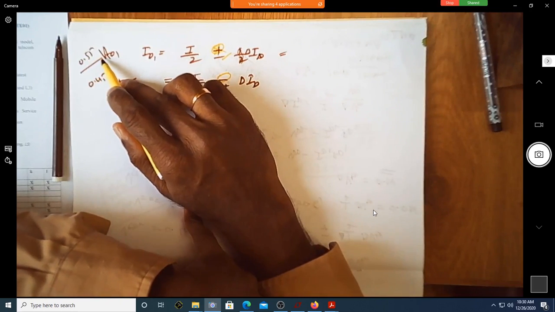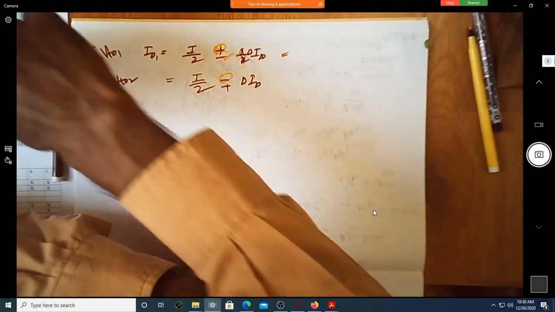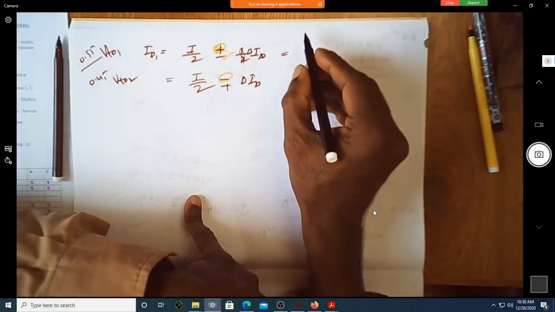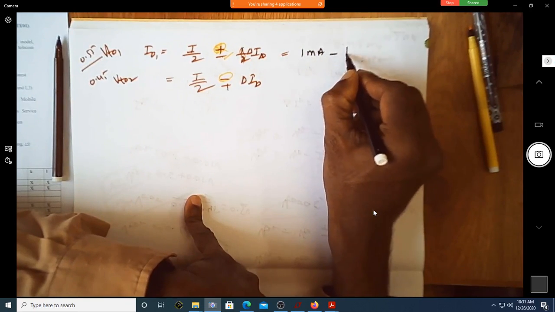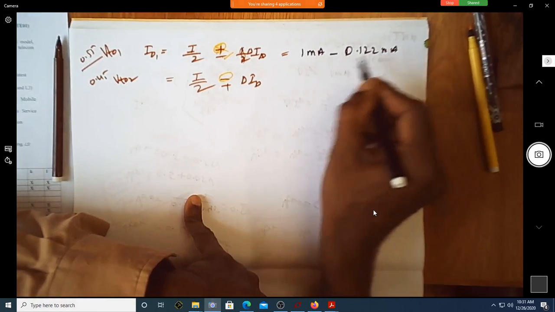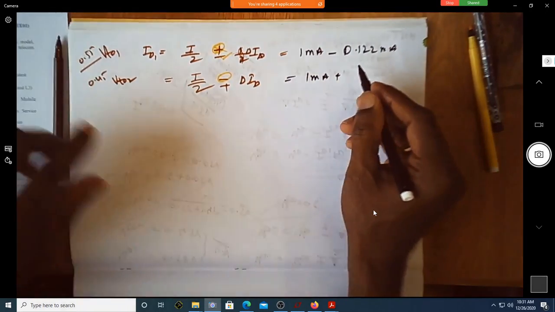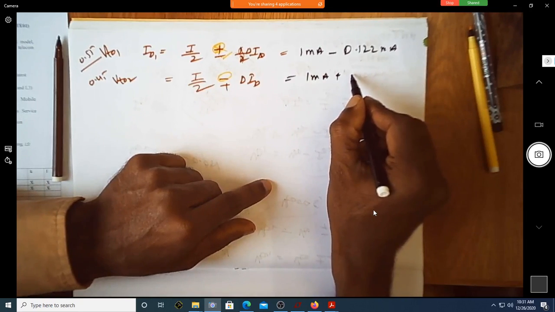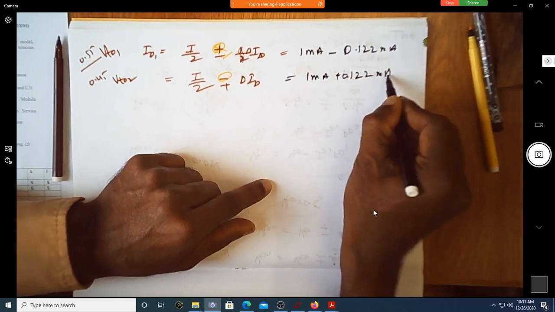If the value of VTO is more, the current decreases, correct? So it is 1 milliampere minus 0.122 milliampere.